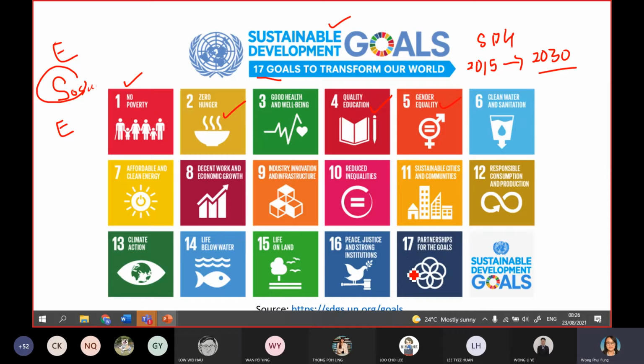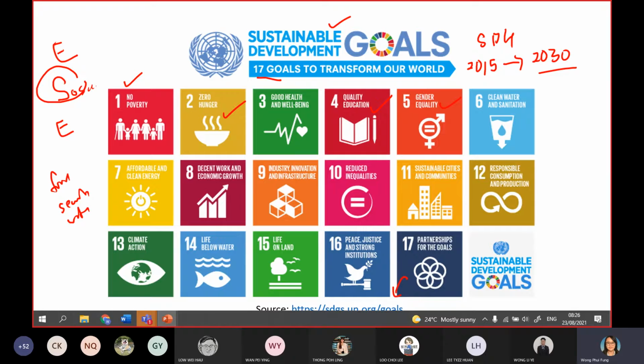Although now it is 2021, a very poor country like Afghanistan cannot even have the basic human needs like food, security, water, and healthcare. That's why these 17 goals are very important, so that by 2030 we manage to achieve them. For more information, please click this link to read more about all these 17 goals.